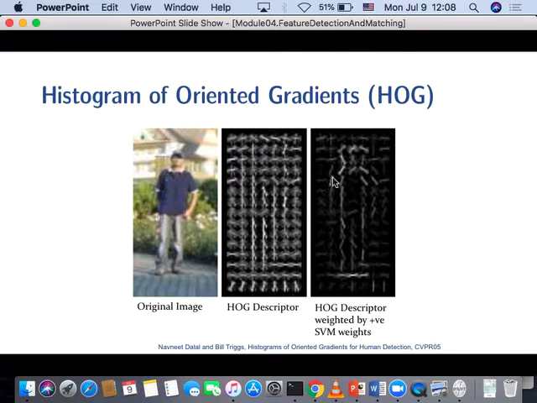So you should view this figure as the strength of the gradient orientation feature, because the gradient orientation feature, if the proper components are selected, can actually describe an object for you.